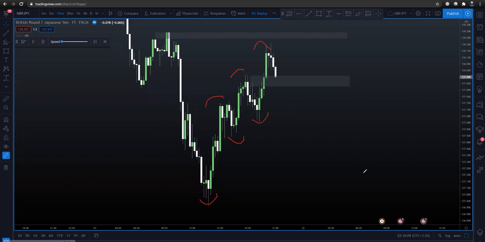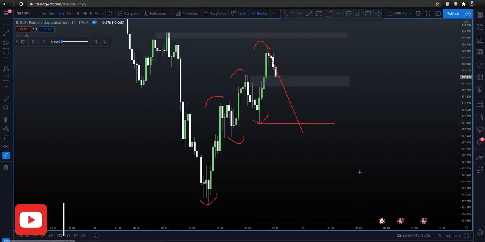How could we go for a reversal in the uptrend? Tell me how we could go for a sell in the uptrend. What could be a sign for a sell in the uptrend? It could be this: when the price comes down and breaks the previous low.